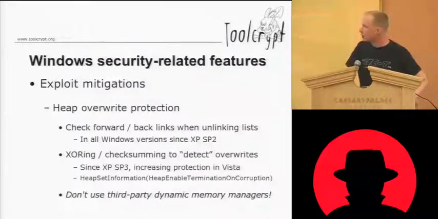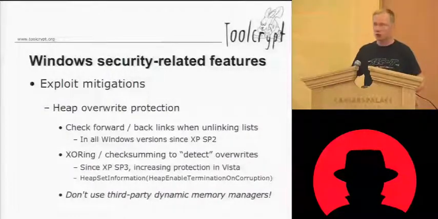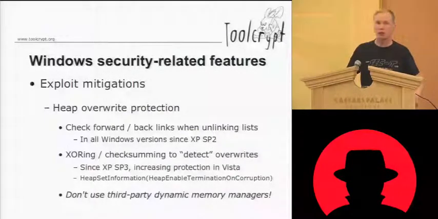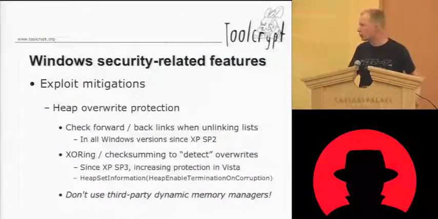You have to set, with the HeapSetInformation API call and the HeapEnableTerminationOnCorruption information class, you can enable these protections so that when heap corruption is detected by these exploit mitigations, your process will die instead of being taken over by an attacker, which is infinitely more preferable to us security people. So there's something you need to be aware of as a developer, that each process needs to, in its initialization routines, call this API call to enable these protections.